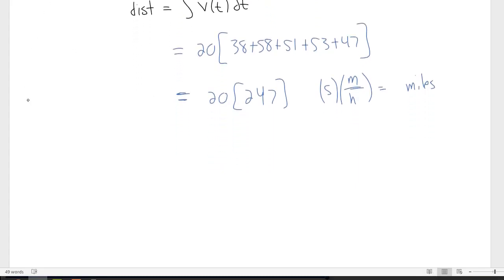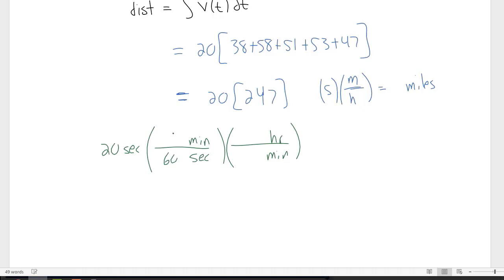So I'm going to convert my 20 seconds into hours. I want to cancel the seconds and get hours. I'm going to take a step: seconds to minutes, and then cancel minutes with hours. There are 60 seconds in each minute, and 60 minutes in each hour.